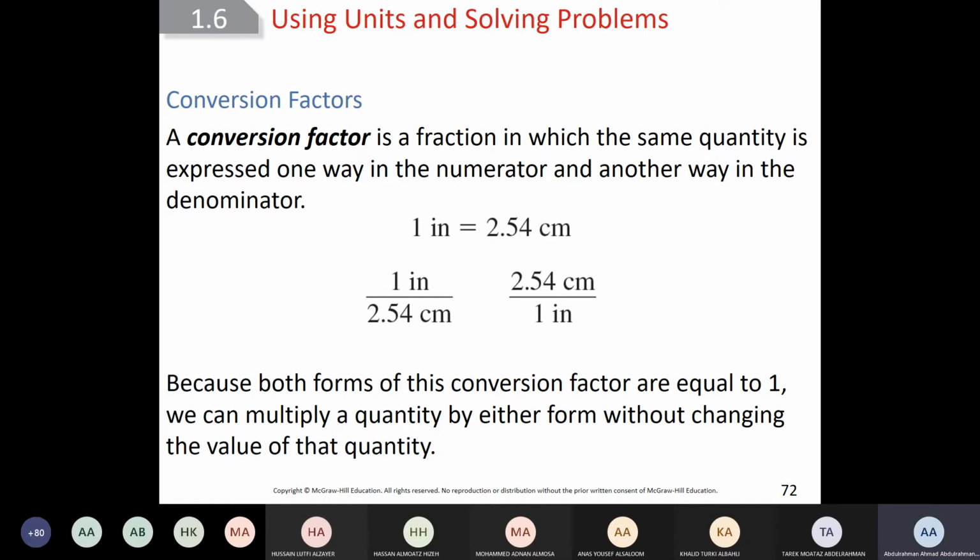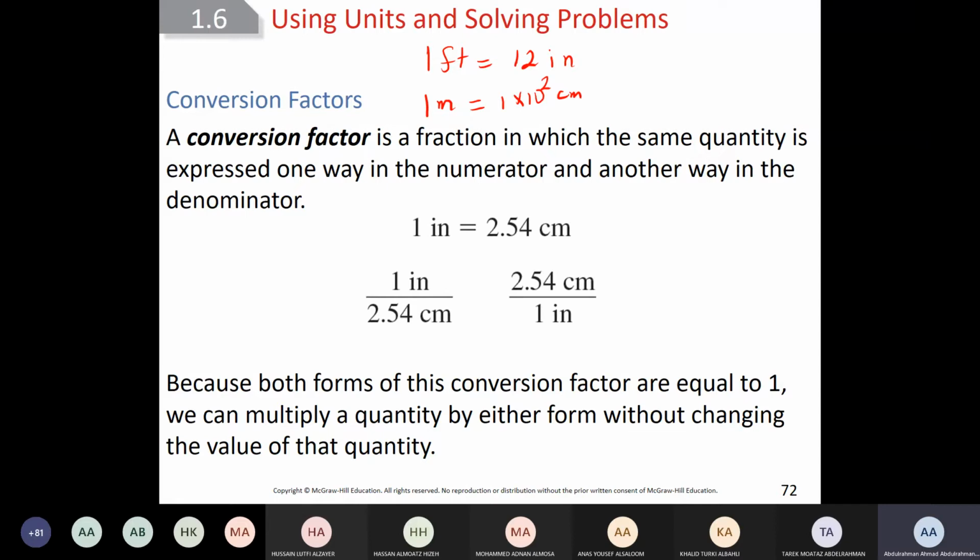Now, I will also tell you that 1 foot is equal to 12 inch. Clear? And 1 meter, of course, is equal to how many centimeters? 100, or 1 times 10 to the power 2 centimeter. All right, good.